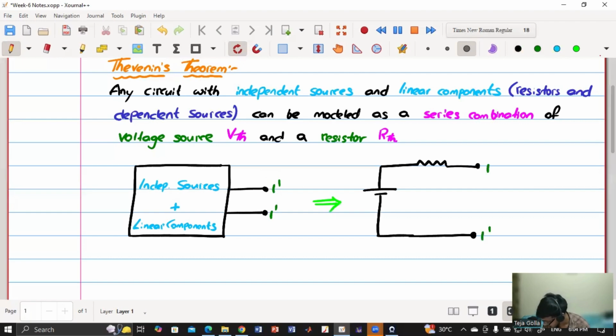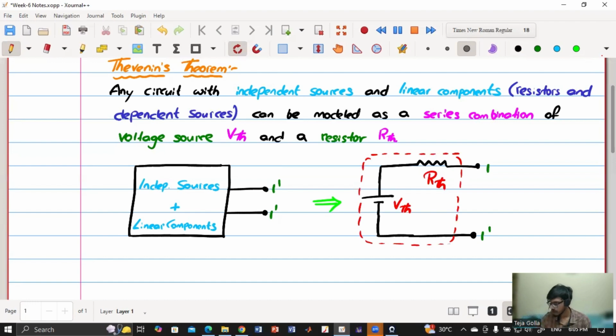Let me draw it at the center. This is VTH and this is RTH. The entire block we have drawn is the previous block, and it can now be simplified.